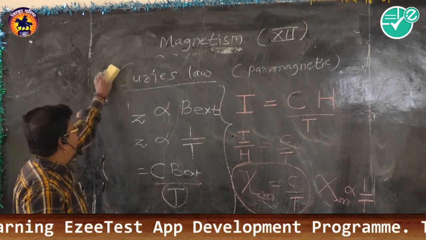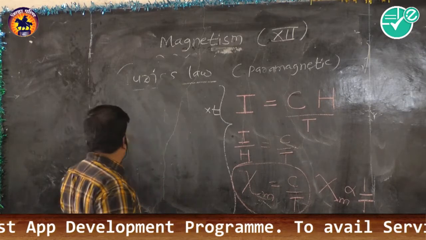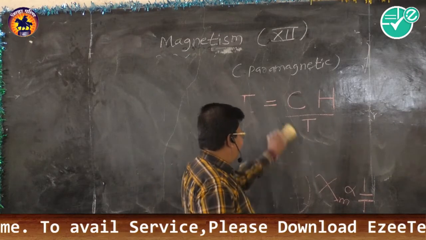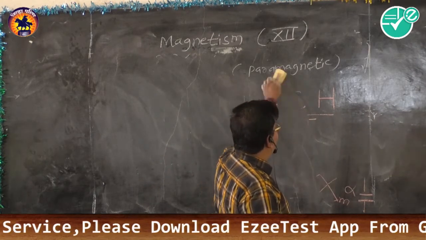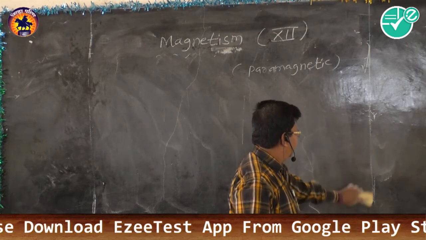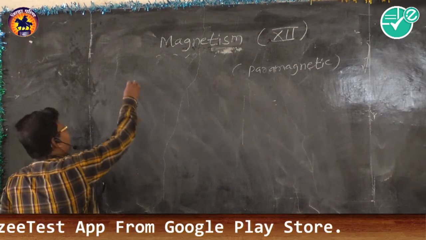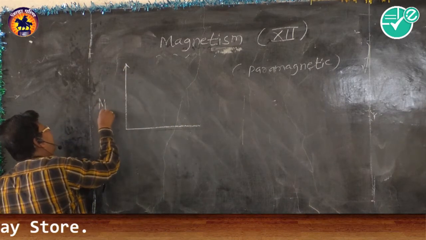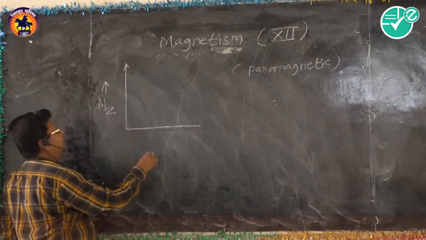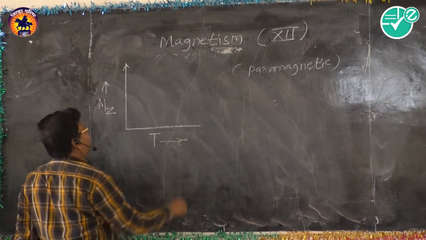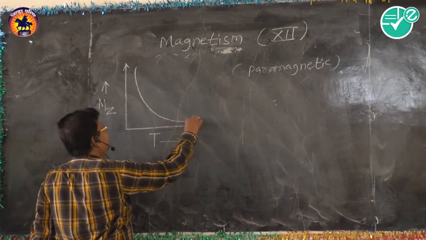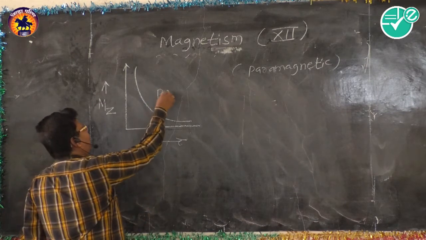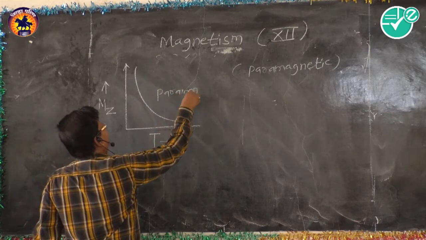Therefore, if we plot a graph of Mz on the y-axis and absolute temperature on the x-axis, the nature of the graph is like this. This is the graph for a paramagnetic material.